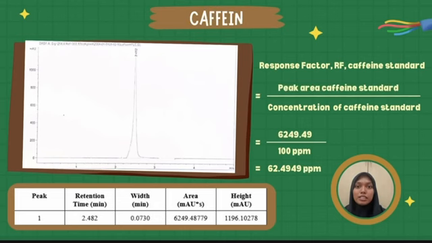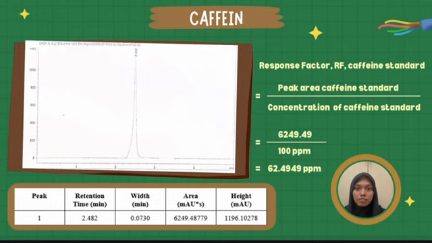In this slide, we will discuss the calculation of the response factor, RF, for the caffeine standard. The formula used is response factor RF equals peak area of caffeine standard divided by concentration of caffeine standard. The data obtained are as follows. The peak area for the caffeine standard is 6,249.49.